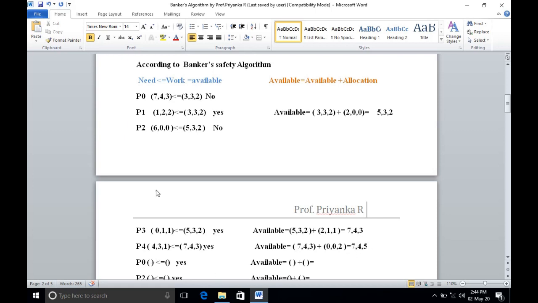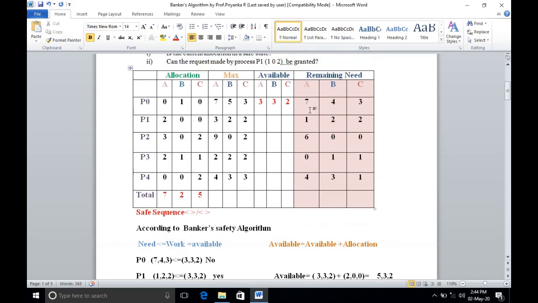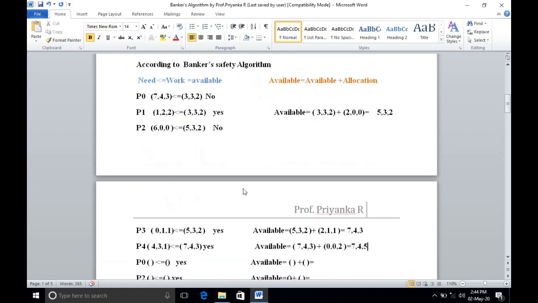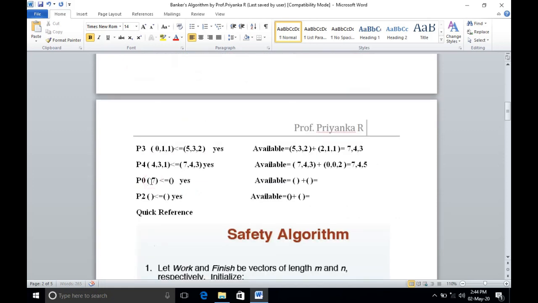So we should check whether P0's remaining need can be satisfied or not. P0's remaining need is 7, 4 and 3. Is it lesser than or equal to the newly calculated available, 7, 4, 5? Yes, it can be satisfied.